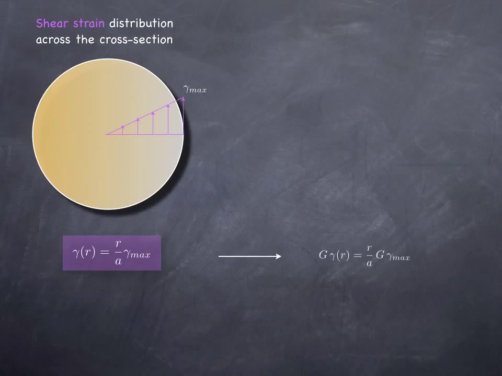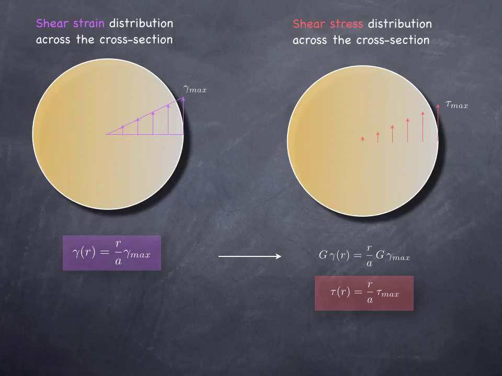And of course, I can just multiply both sides of this equation by the shear modulus and obtain an expression for the shear stress. And if the shear strain is varying linearly, so will the shear stress. And its expression will be just tau equals r over a times tau max. I can draw that as well, and it's going to be another triangular distribution.